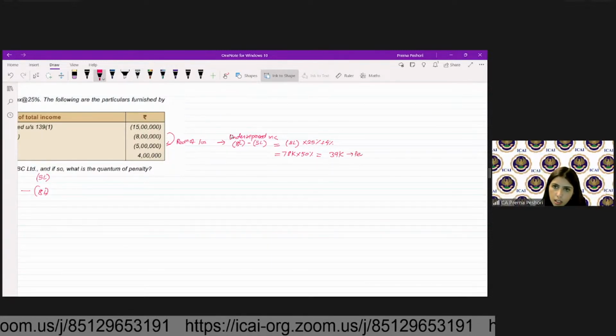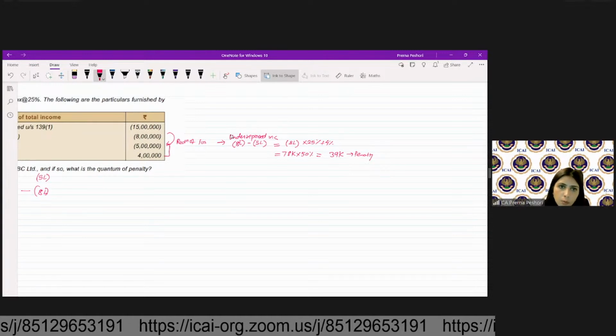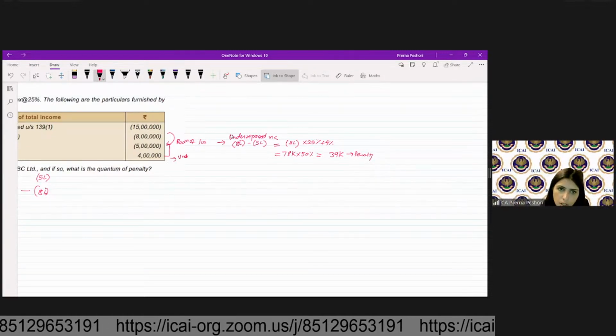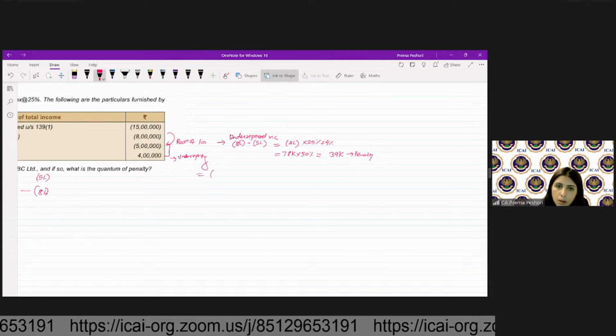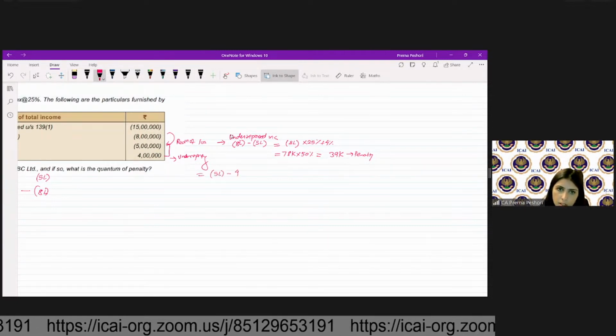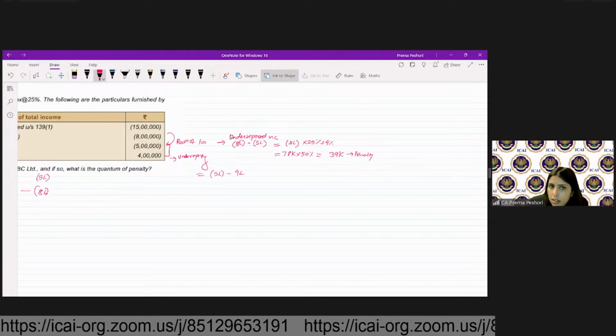This is my penalty. Now this 5 lakh is again getting converted to income. So there is underreporting. Alright. Now what will be my underreporting? Minus 5 lakh minus 4 lakh. Right.